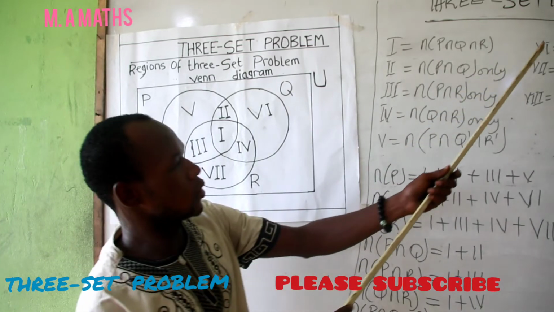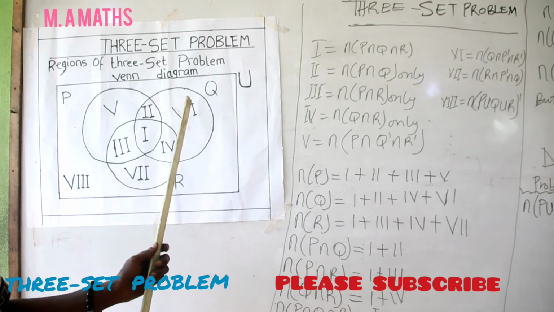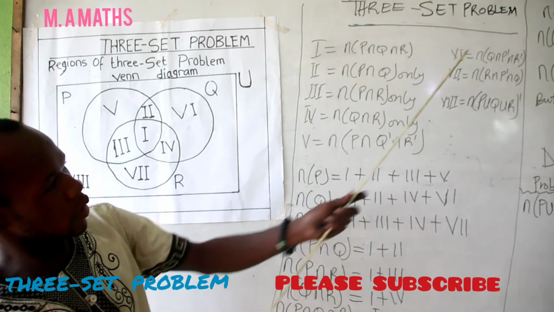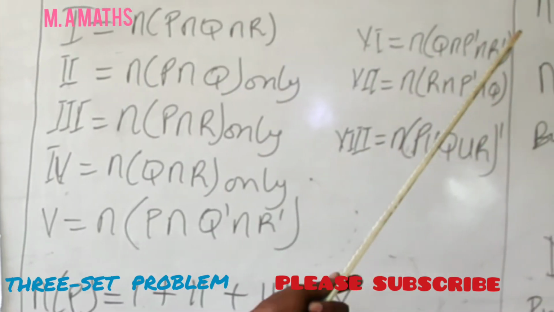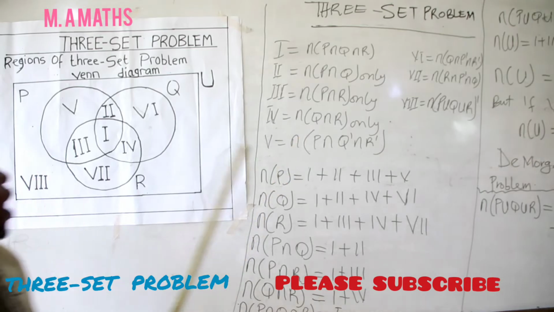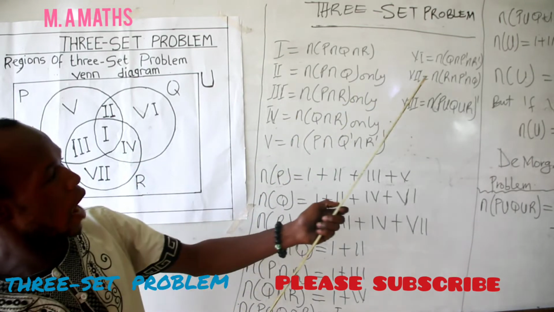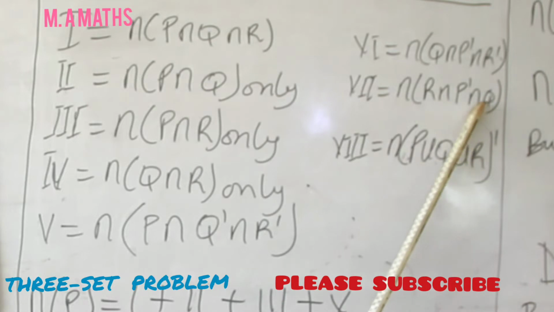Region 6 represents Q only, which is written as Q intersection P complement intersection R complement. Region 7 represents R only, which is written as R intersection P complement intersection Q complement.